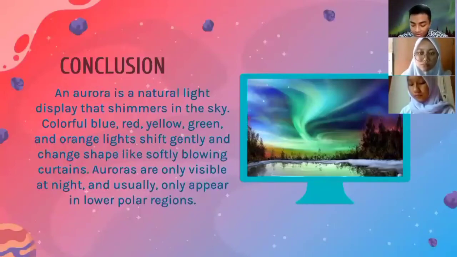Auroras are only visible at night and usually only appear in the polar regions. They are visible almost every night near the Arctic and Antarctic Circles, which are about 66.5 degrees north and south of the equator. In the north, the display is called aurora borealis or northern lights. In the south, it is called aurora australis or southern lights.